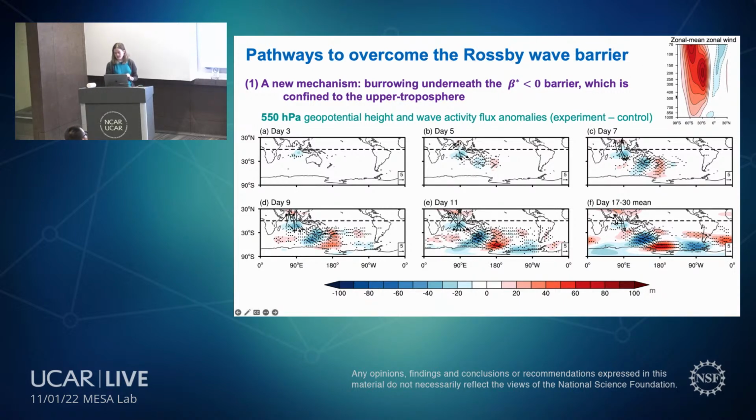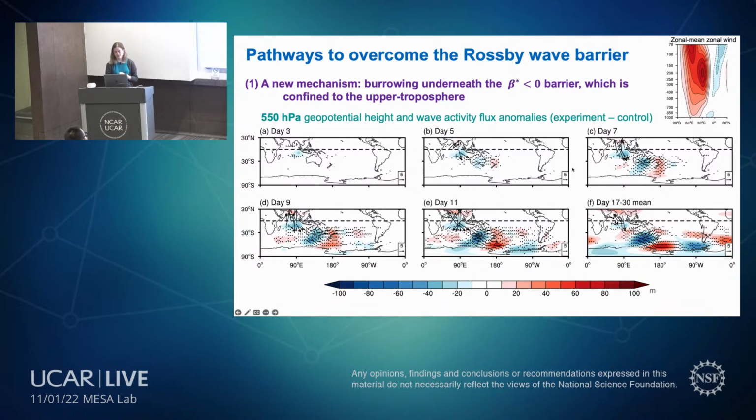I've just copied this zonal mean plot of zonal wind in the southern hemisphere to remind us that the subtropical jet is largely confined to the upper troposphere, and so is this region of negative beta star. So from about 350 to 400 hectopascals, Rossby waves should be able to freely propagate into the southern hemisphere extratropics. And that's indeed what we see by looking at the same figure as before, but instead at the 550 hectopascal level.